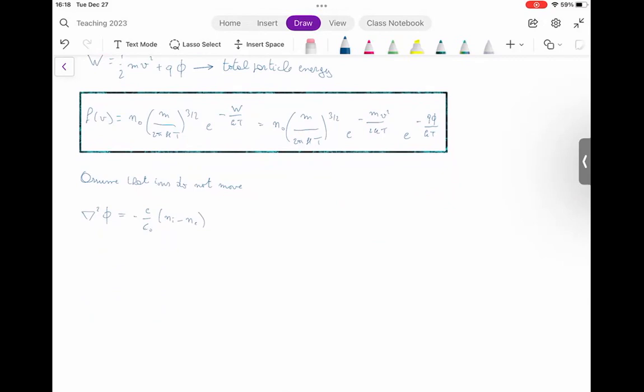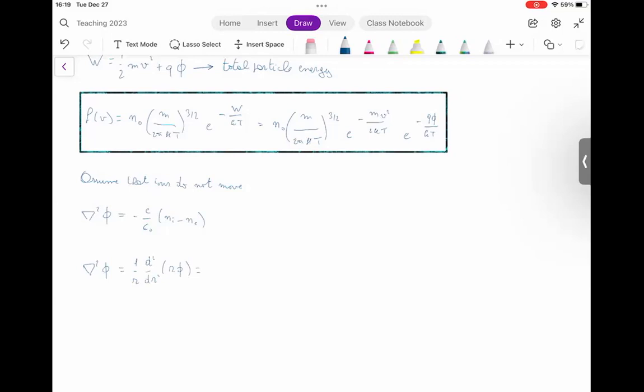Okay, then I'm going to replace my del square phi with just the radial part, which looks something like this. I'm sure you've seen this in other courses. And on the right-hand side, I'm going to have the distribution function of the ions and the one of the electrons.